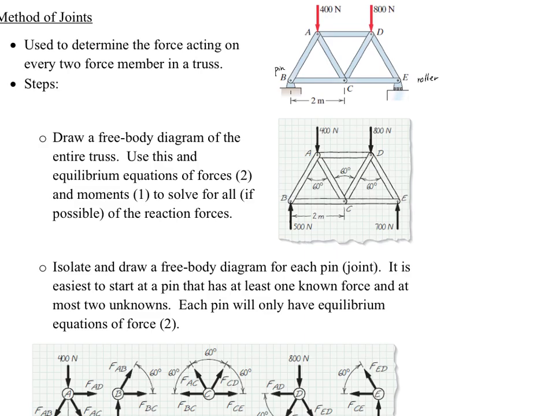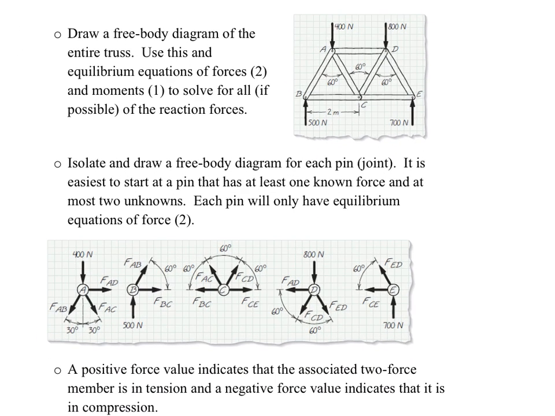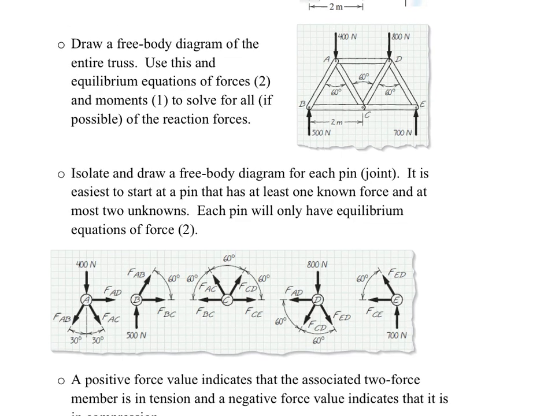The second step is to isolate each of the nodes, the pins or joints, and draw a free body diagram independently for each one. Let's show this here. Let's take a look at node A in the diagram. At node A, we've got a 400 Newton force applied downward, shown right here.